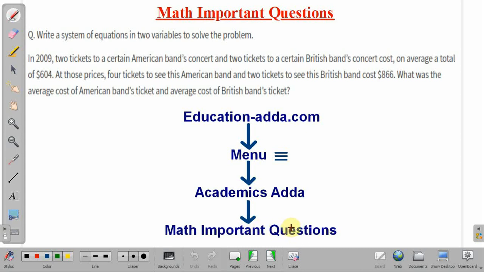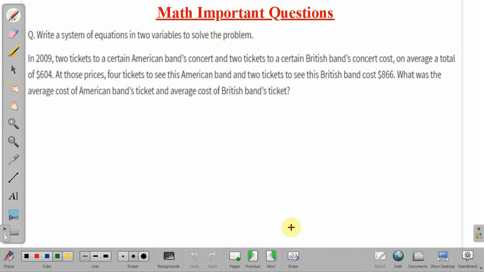Okay friends, coming back to the discussion, see what is the problem given here. We have to write a system of equations in two variables and solve the problem. In 2009, two tickets to a certain American band's concert and two tickets to a certain British band's concert on an average cost a total of $604.